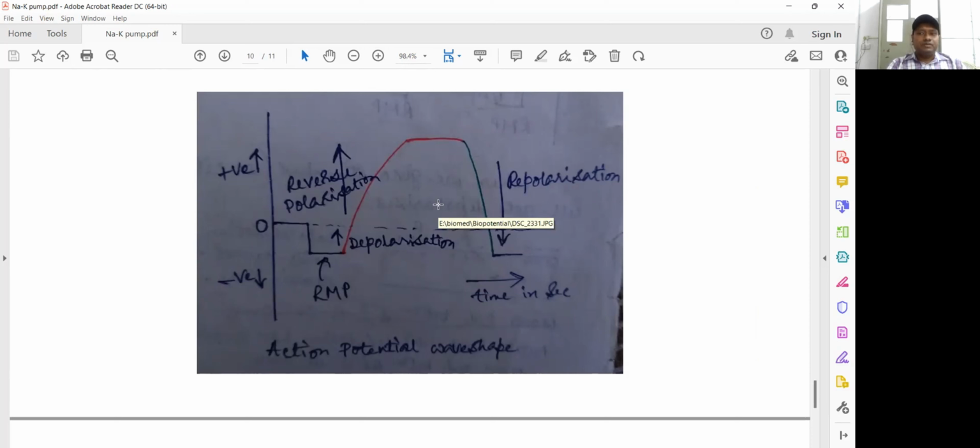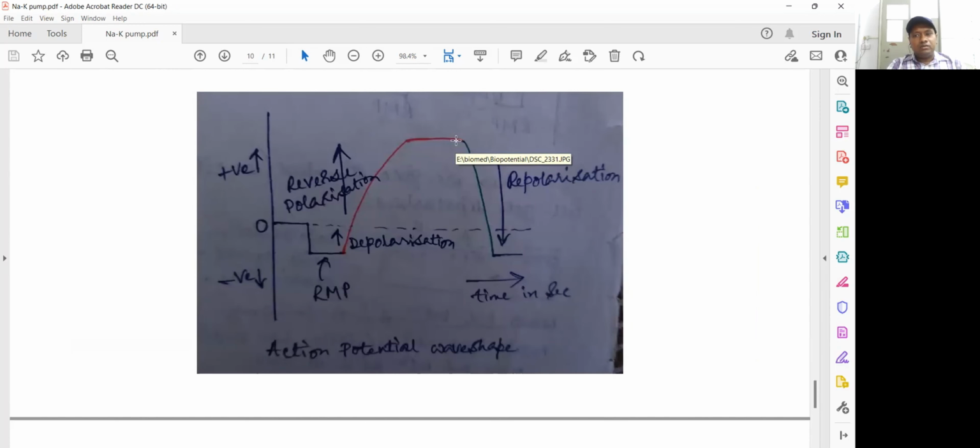As we know, in nerve cells the speed or velocity of the ions is faster than in muscle cells. So the ions will require less time to travel from one point to another.